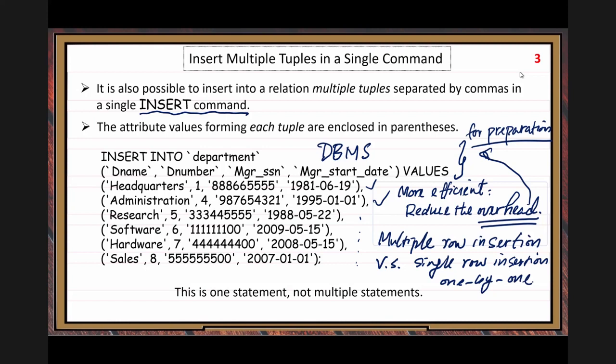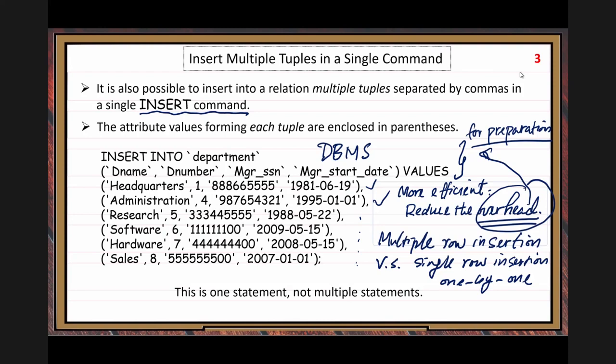Single row insertion, every time you need to pay that amount of resource part, overhead part. Every command, you need to pay that overhead part. So you need to do that overhead multiple times. Here, this multiple row insertion, you only need to do the overhead part once.